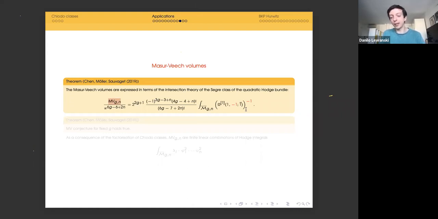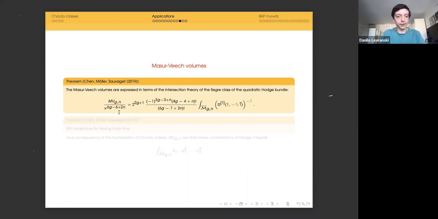In fact, I'm cheating a little bit because this is not an actual Chiodo class; it's a Chiodo class to the -1, with parameter 1 and degree, 1 for R and -1 for S. But there is a way to restate this equality, putting here an actual Chiodo class, but for different parameters. We'll see this in a minute.